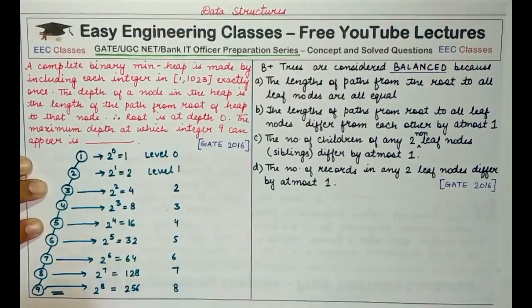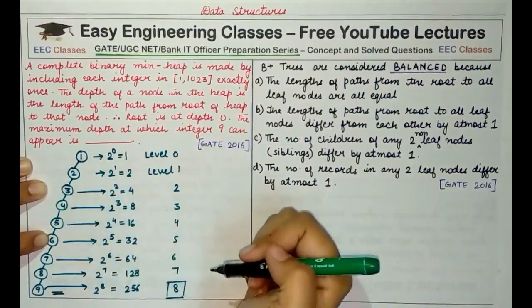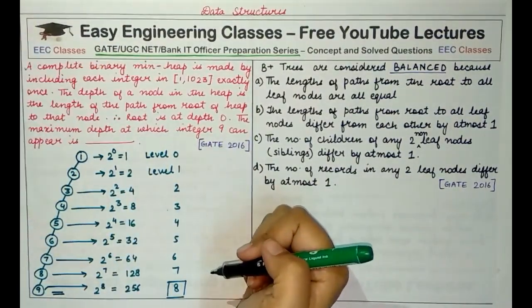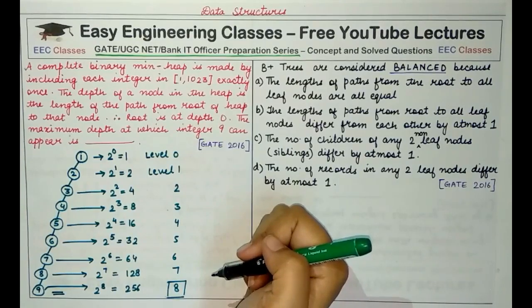If we have to place 9 at the farthest level, which is depth 8, then I have to completely fill all the above nodes, and only then would this complete binary tree be possible. And why are we checking whether we are able to fill this? Because we have to place 9 at the farthest end.